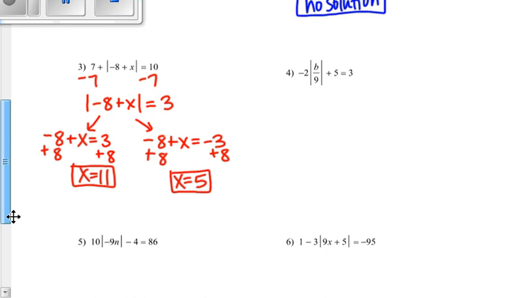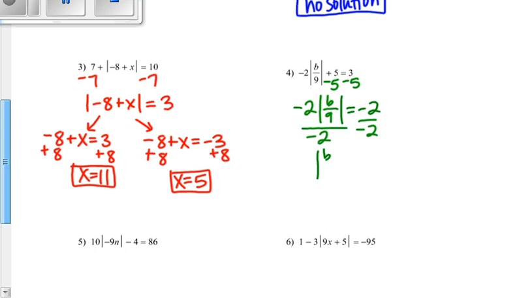On 4, we have a little bit more going on here. It looks kind of scary with the fraction. I'm just going to start by subtracting 5 on both sides. Okay, now I have to get rid of that -2 out in front. So I'm going to divide both sides by -2. I get the absolute value of b over 9 equals 1.